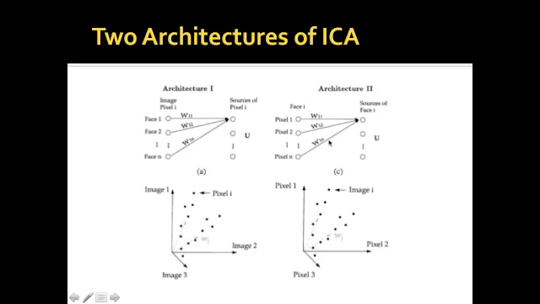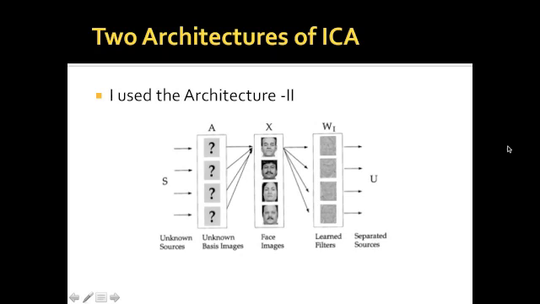So they are the columns and the rows are the pixels in our algorithm. Therefore, I use architecture 2. We're trying to find some undefined mixing matrix, and the columns of this mixing matrix will be the basis images. By ICA, we're going to get the learned filters.